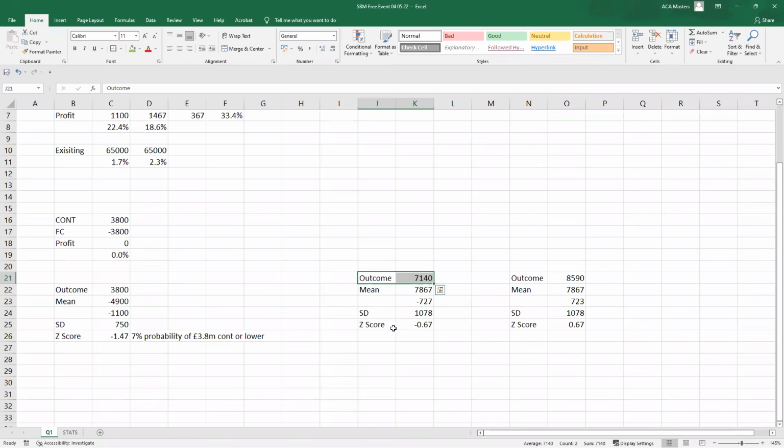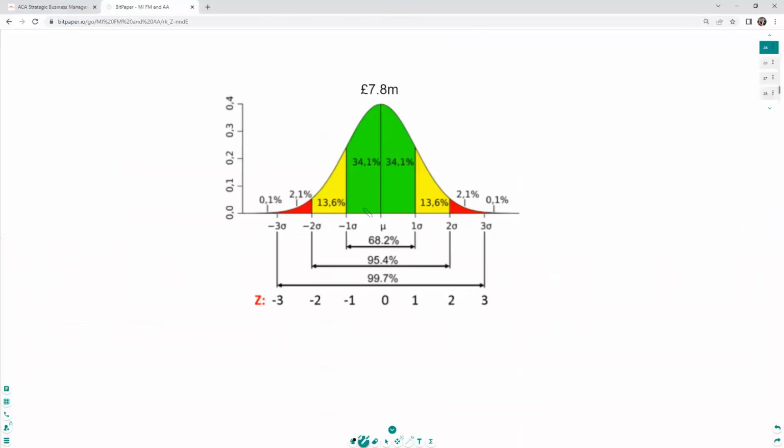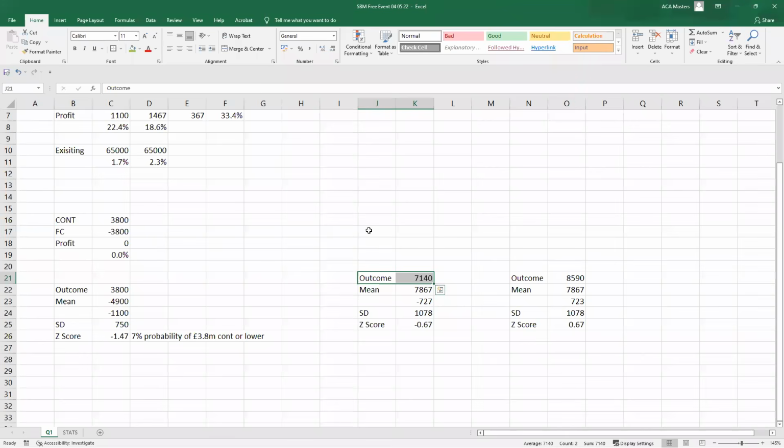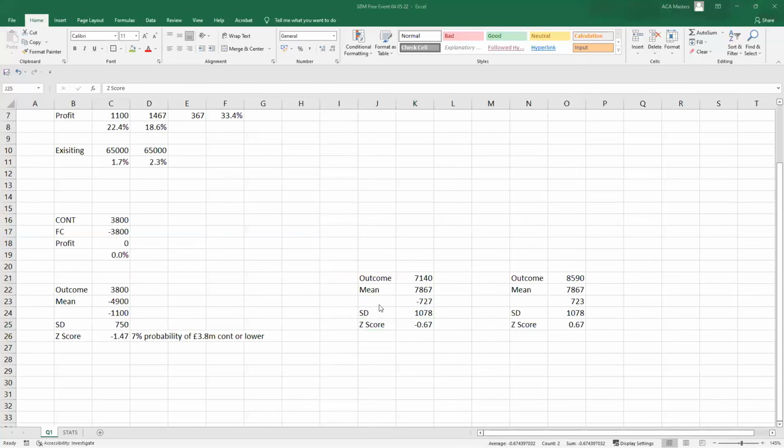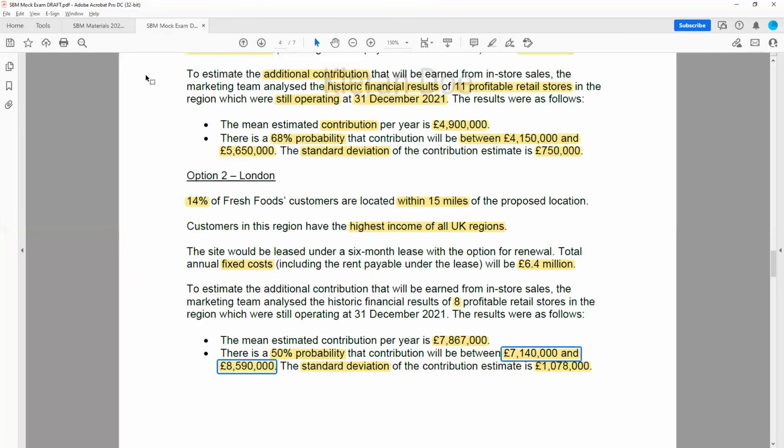When we look at how many standard deviations this is below the mean, which is the difference from the mean divided by the standard deviation, we can see this outcome is 0.67 below the mean. So we could work out the probability of it being either this or lower, or this or higher. If we look at our Z-score, we've got a Z-score of -0.67 here.